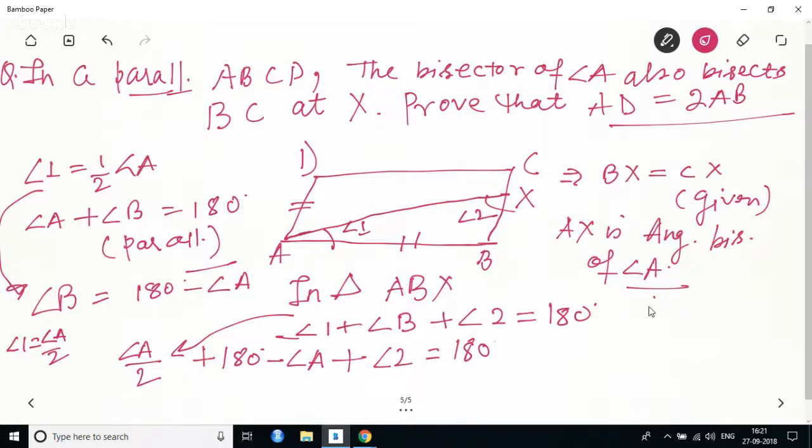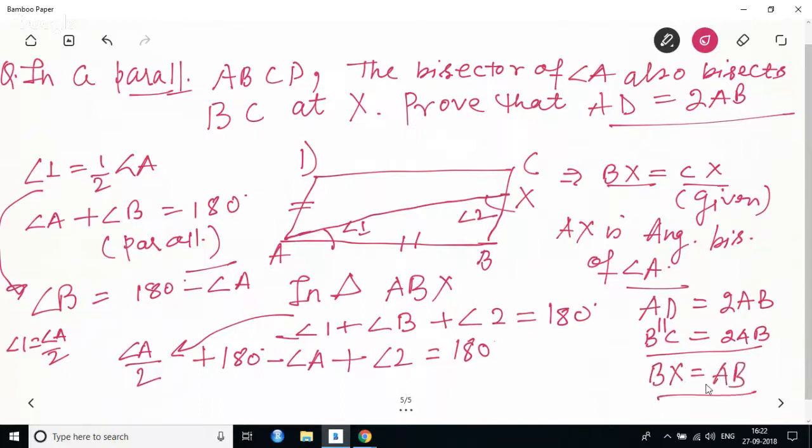So if I have to prove AD is 2 times AB, I need to prove BC is equal to 2 times AB. Because AD and BC are equal in parallelogram. And now BC is getting divided into two equal halves, BX and CX. So if I am able to prove that BX is equal to AB, then my work is done.